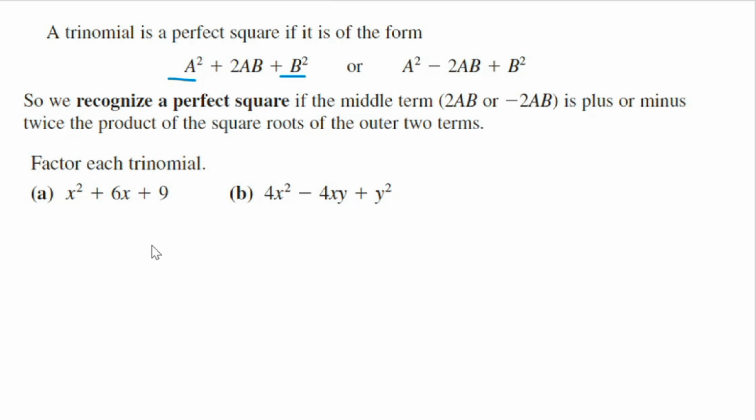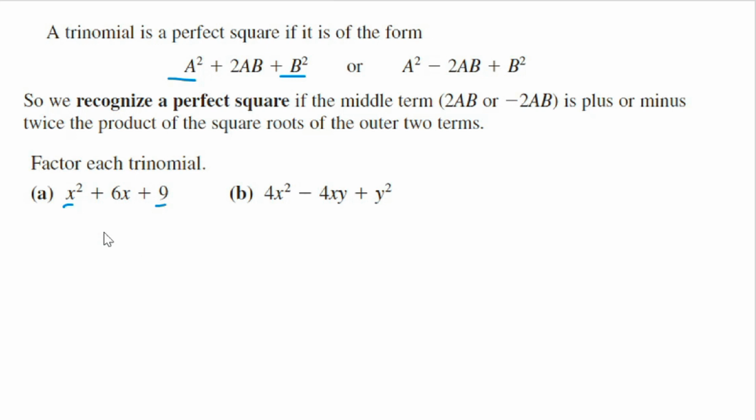Okay? So factor each trinomial. Is this in the form of a perfect square trinomial? We will see. The property is that the first term and the last term must be perfect squares, and the middle term should be twice the product of their square roots.